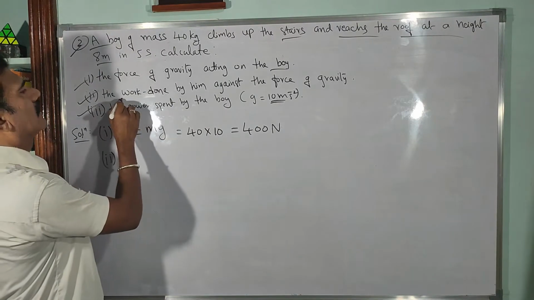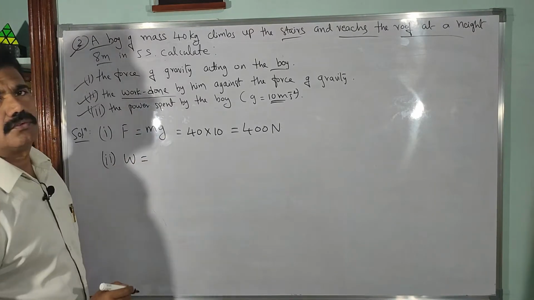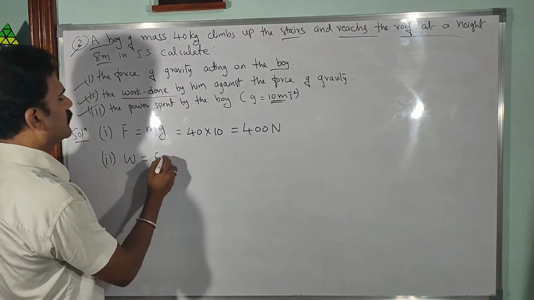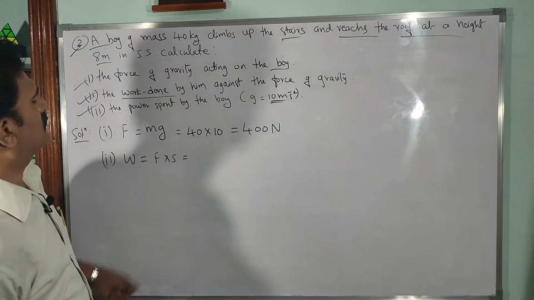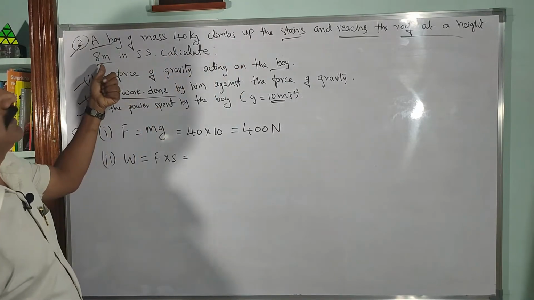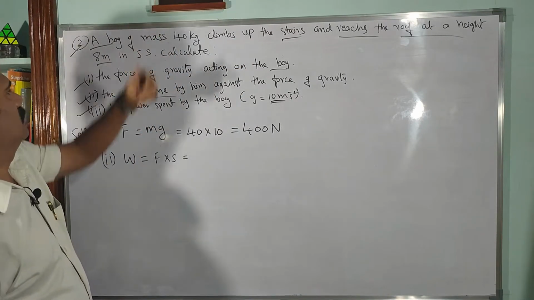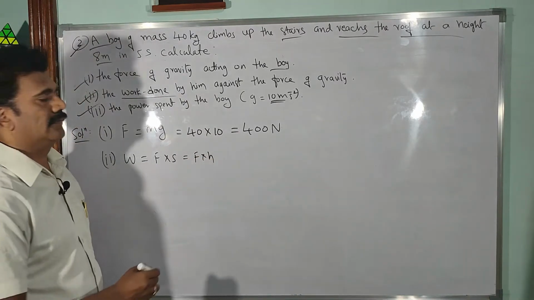What is the second parameter? We need to calculate the work done. Work done is W. So you have to consider the product of force into displacement. In this particular example, what is the displacement due to the applied force? That is the height. He is climbing a certain height. So that is considered as F into h, let us say, height.